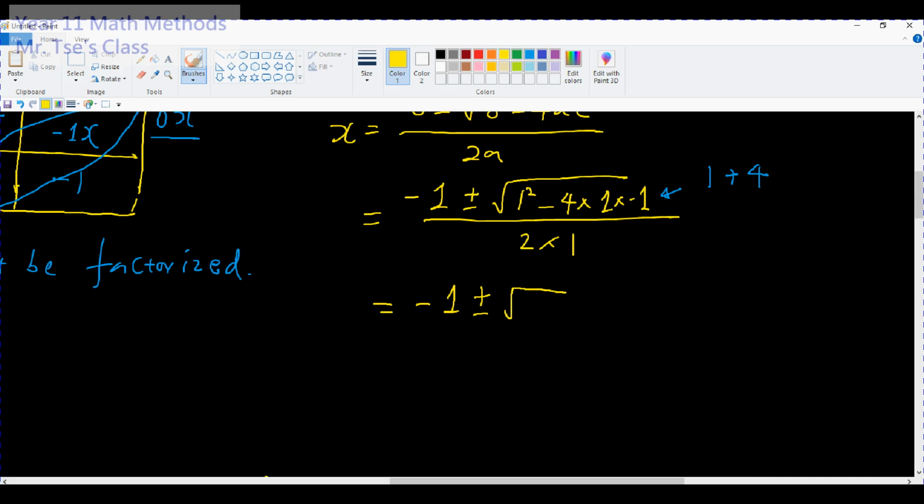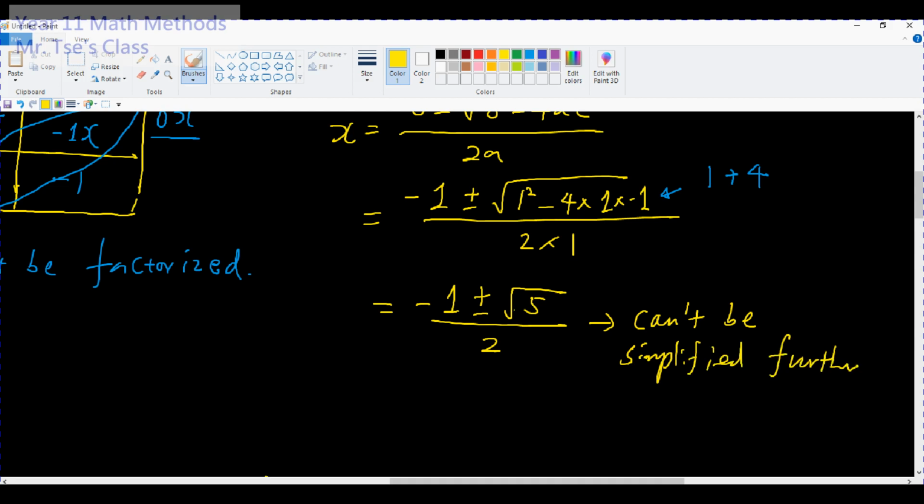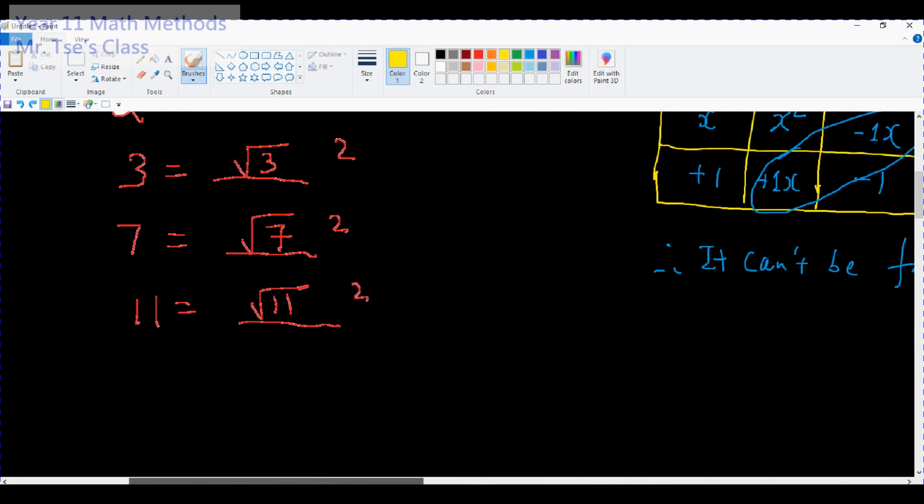So the thing inside is 1 plus 4, which is 5. Okay, so that's the answer because you can't simplify further. Why? Because that 5 is not a square number, unlike in the previous case.